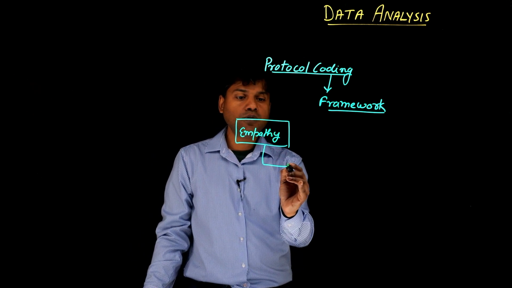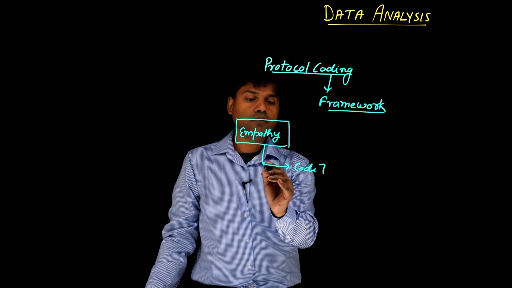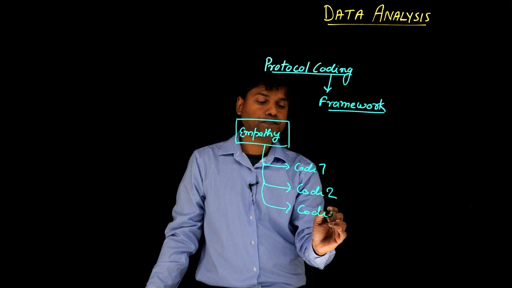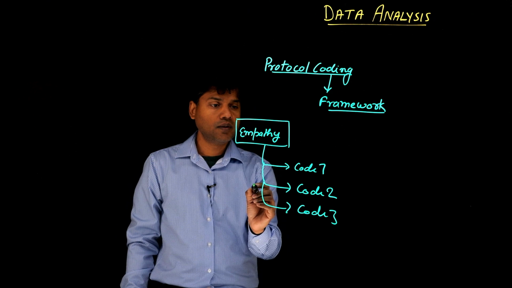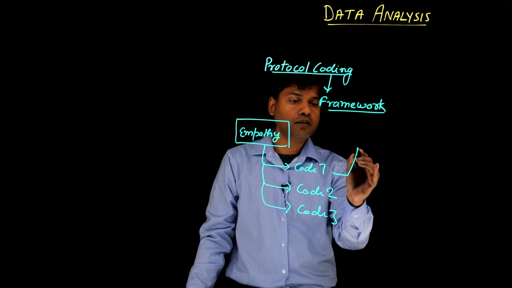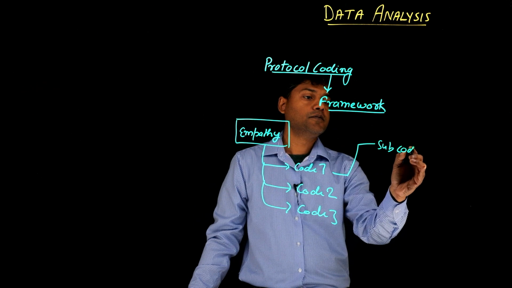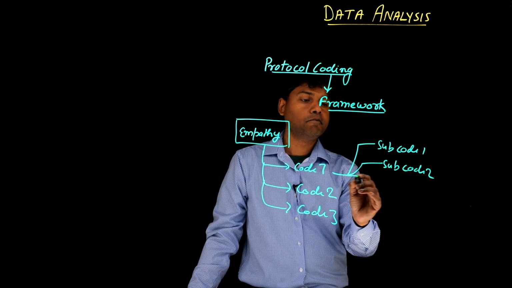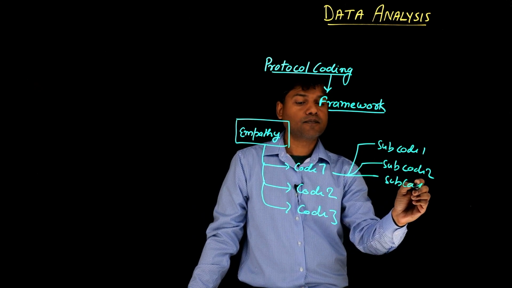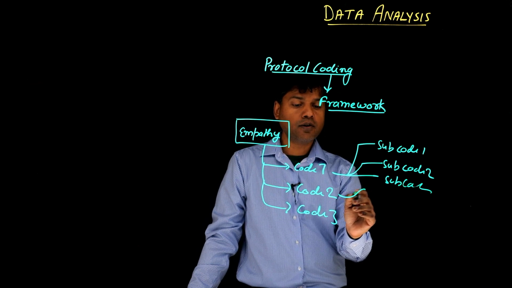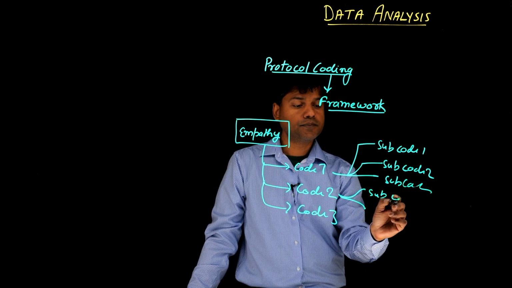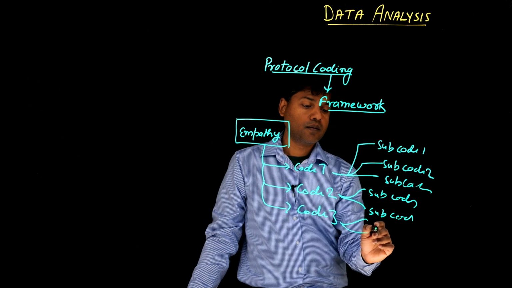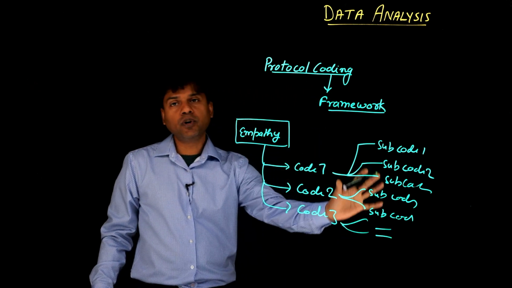So my coding framework could be code 1, code 2, code 3, and then maybe code 1 might have subcodes: subcode 1, subcode 2, and subcode 3. Similarly, other codes might also have some subcodes. So this is my coding framework.